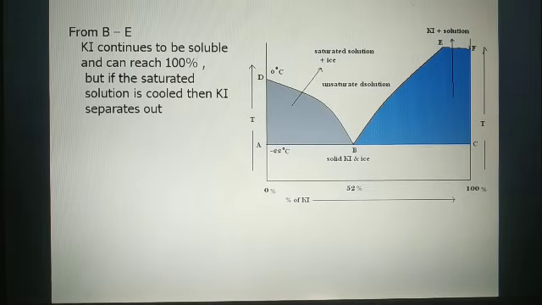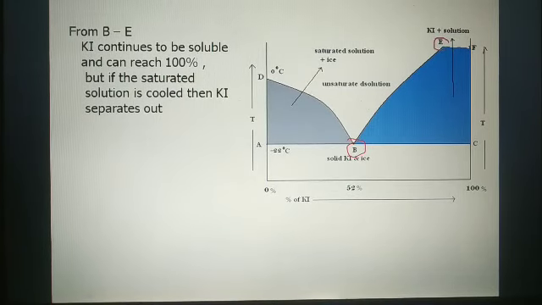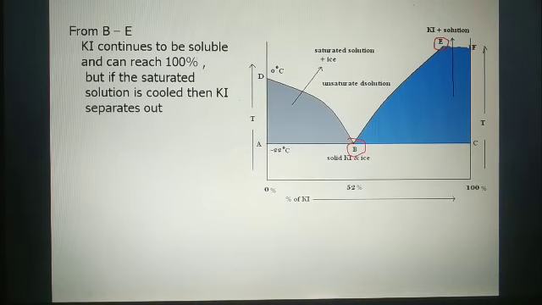Now from point B to point E, potassium iodide continues to be soluble and can reach 100% soluble, but if the saturated solution is cooled and the temperature becomes low, then in this region KI will separate out. So it means potassium iodide separation is there.